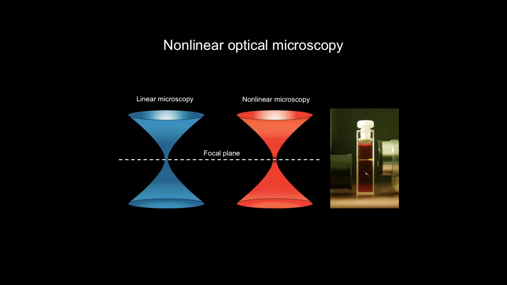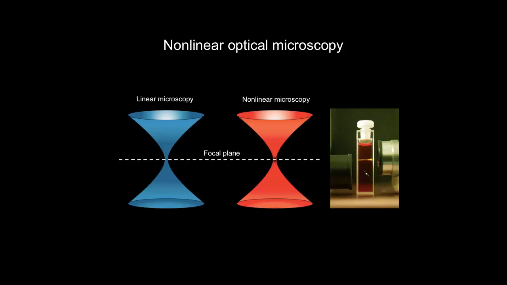But for the nonlinear, when you get far from the focus, the probability to generate a nonlinear signal is much lower because it depends on the square of the intensity, I squared.